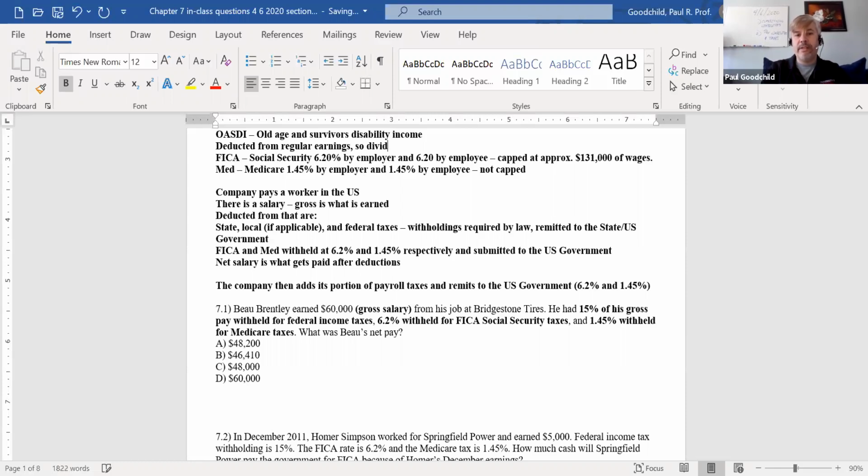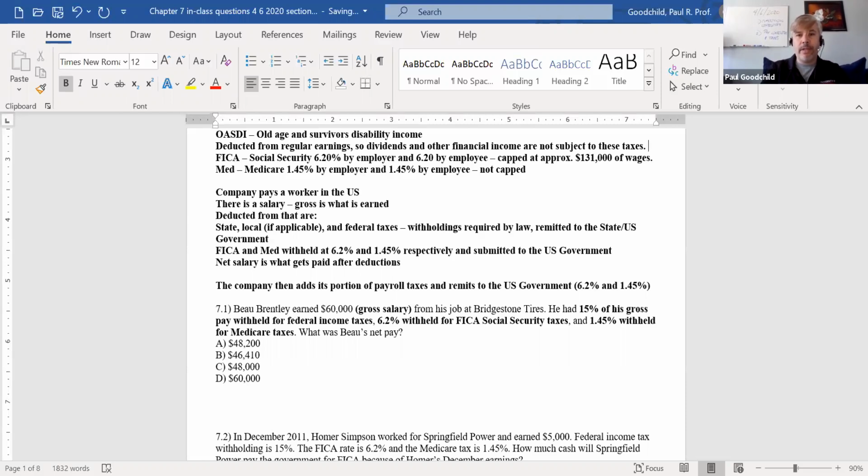So dividends and other financial income are not subject to these taxes.